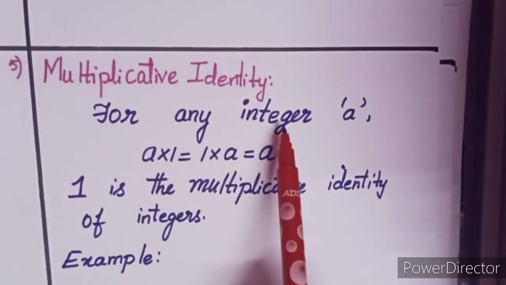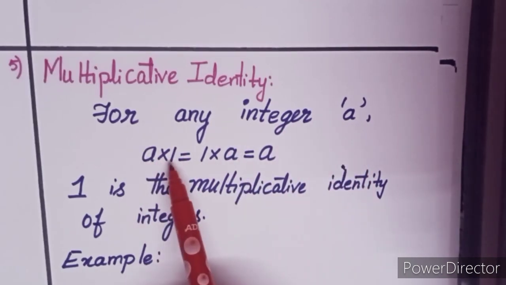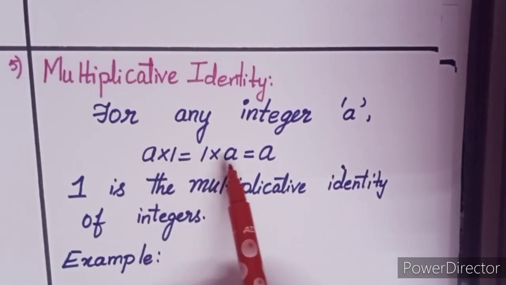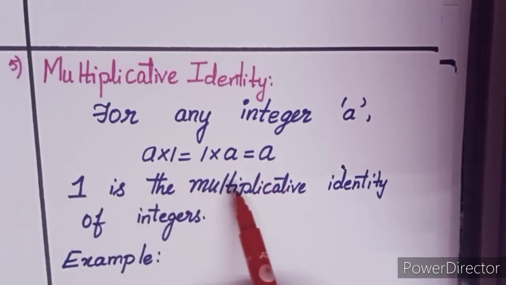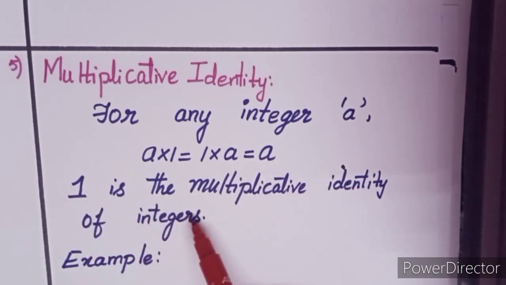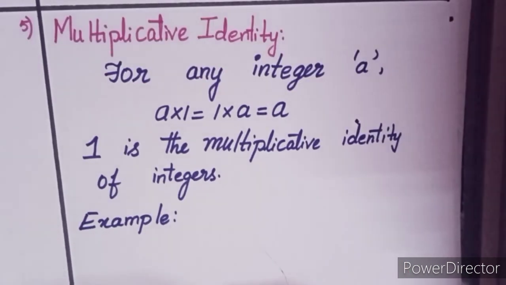Multiplicative identity. For any integer a, a into 1 equals 1 into a equals a. So 1 is the multiplicative identity of integers. What is the multiplicative identity of integers, children? 1.